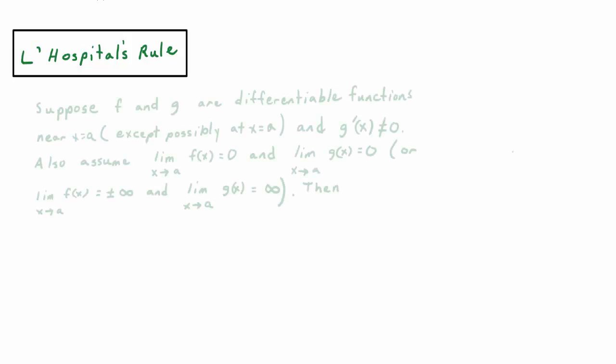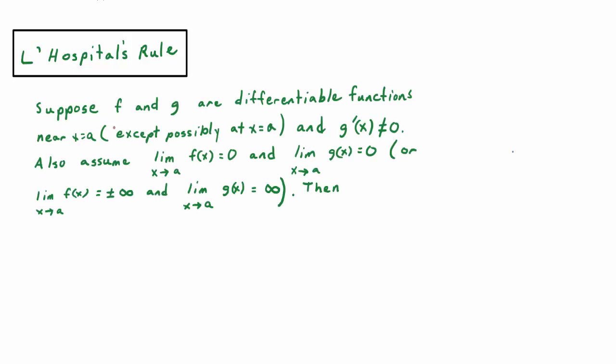So suppose, here's the idea. Suppose that f and g are differentiable functions near x equals a, except possibly at x equals a. That's not so important. And g prime of x doesn't equal 0. Also assume that the limit as x approaches a of f of x equals 0 and the limit as x approaches a of g of x equals 0.